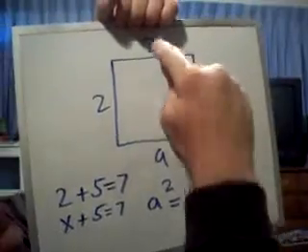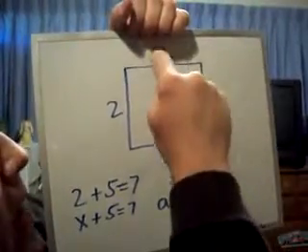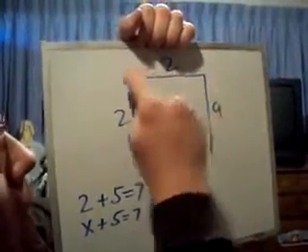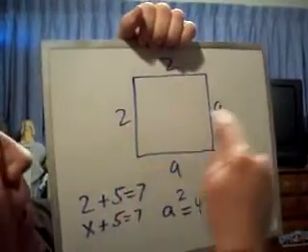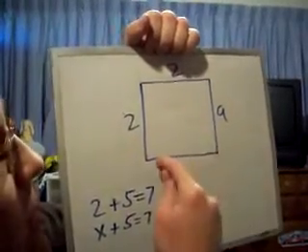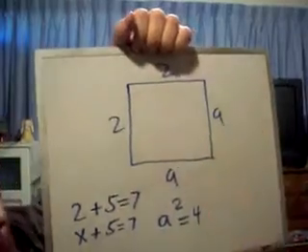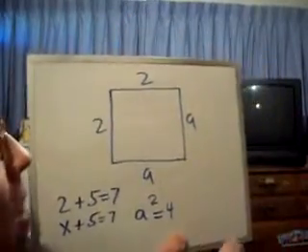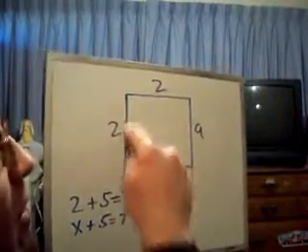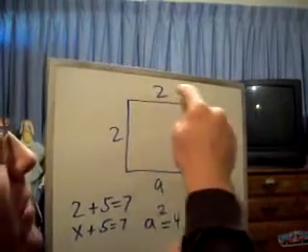Now I want you to take a look at this square. This square has 4 sides. And the length of each side is 2. This length is 2, this length is 2, this length is 2, and this length is 2. Okay? Now, we said here that this length is 2. We said here that this length is 2.